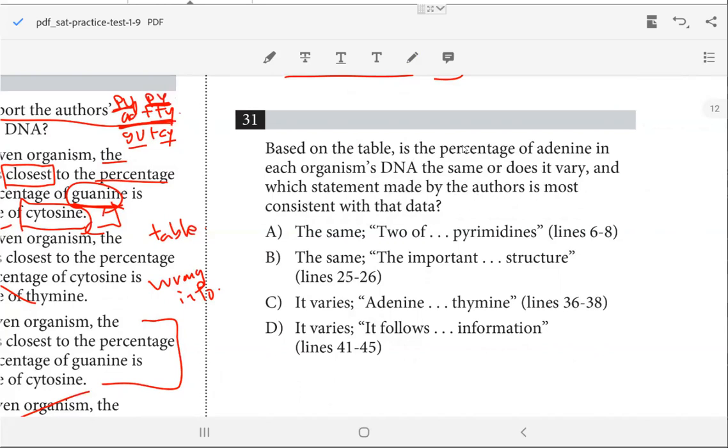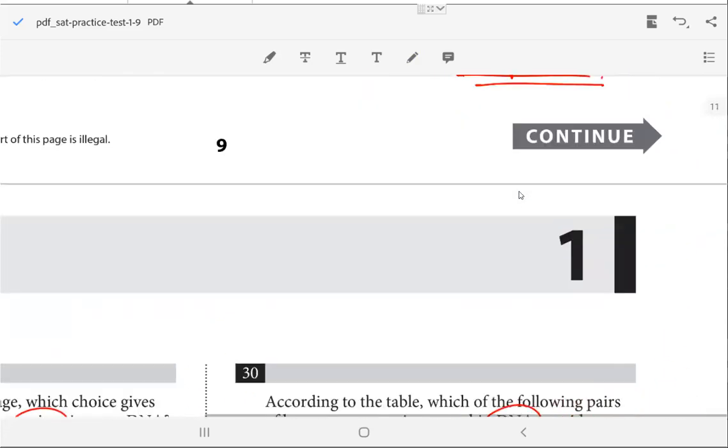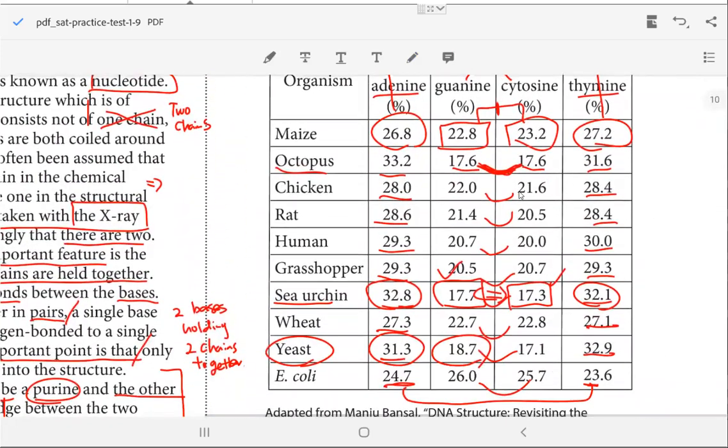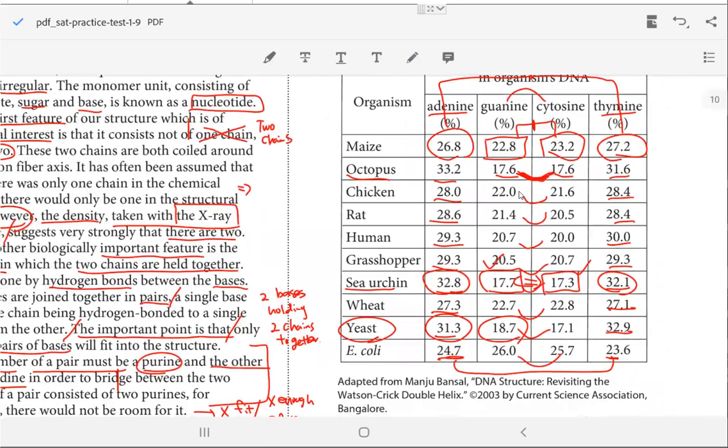First let's check whether adenine is the same or different in each organism's DNA. Maize 26, octopus 33, chicken 28, 28, 29, 29, 32, 27, 31, 24.